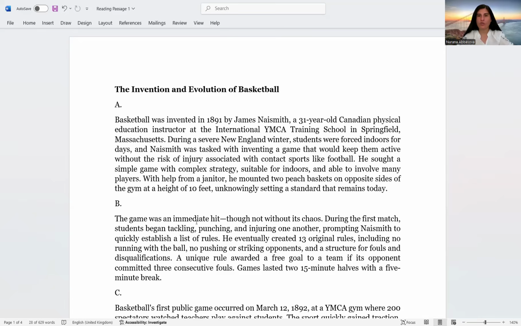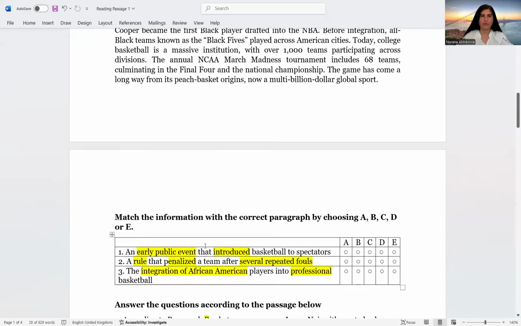He sought a simple game with complex strategy suitable for indoors and able to involve many players. With help from a janitor, he mounted 2 peach baskets on opposite sides of the gym at a height of 10 feet, unknowingly setting a standard that remains today.